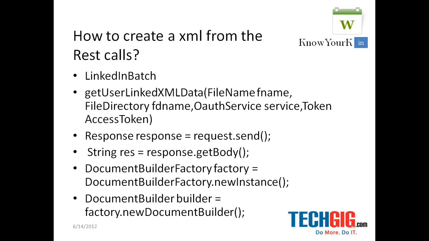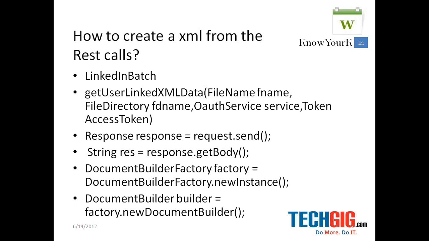You pass the file name and the file directory, where it identifies the file name and the file directory within the drive or within the system. We can also pass the service and the access token, where it identifies the access token from the local system as well.